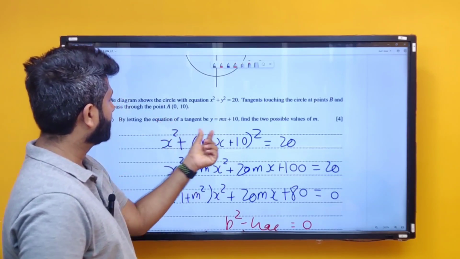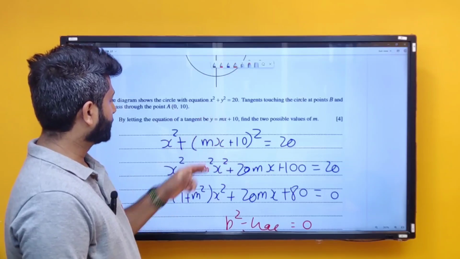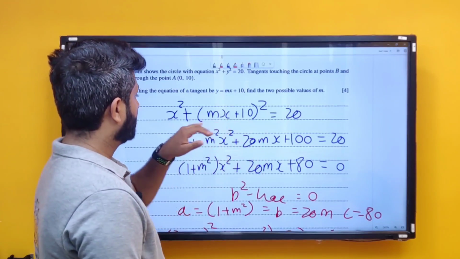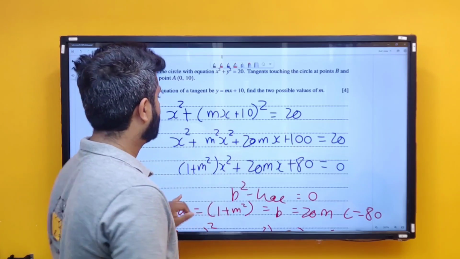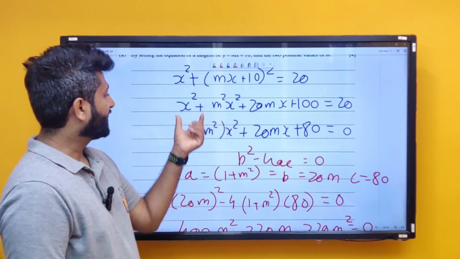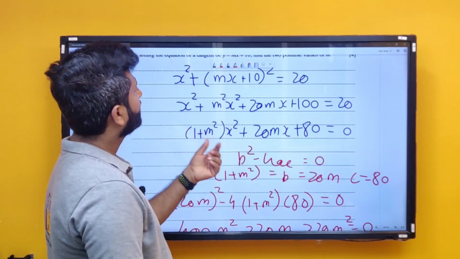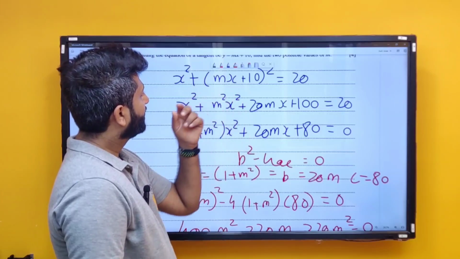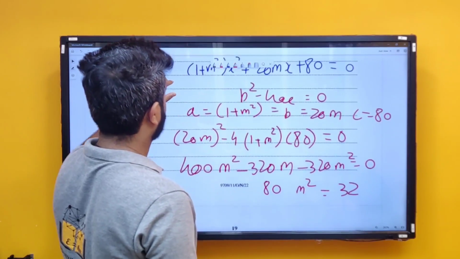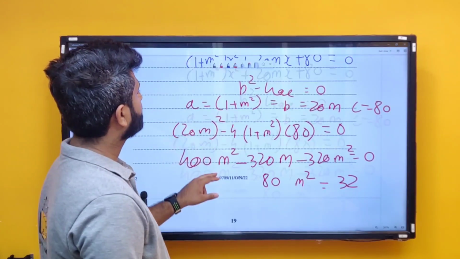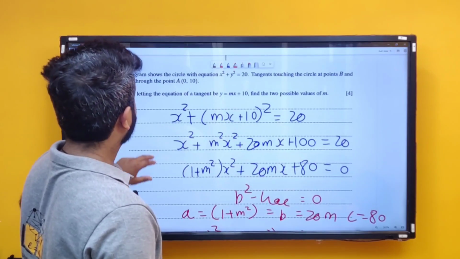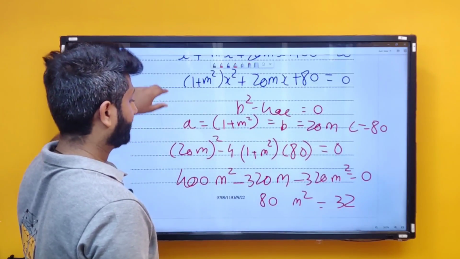First I substituted mx plus 10 in this equation, so we have x squared plus m squared x squared plus 20mx plus 100 minus 20. My value of a is 1 plus m squared, my value of b is 20m, plus 80. So b squared, (20m) squared, minus 4 times (1 plus m squared) times 80 equals 0. So I have to find the possible values of m.